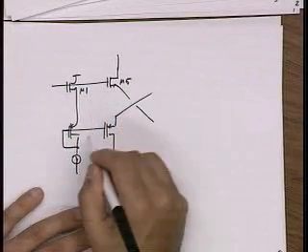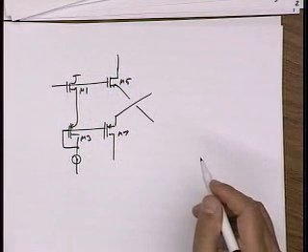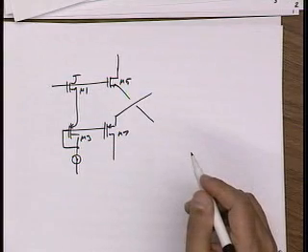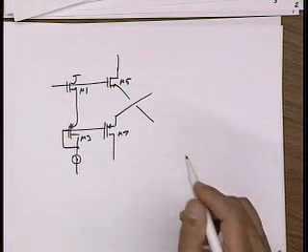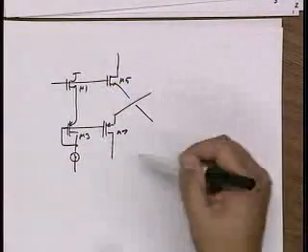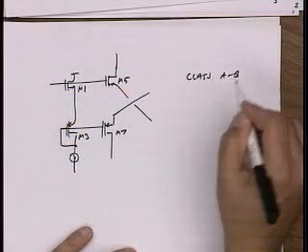Let's call this M1, M5, M3, M7. The nice thing about this circuit is that it's a GM stage that's class AB. This is the most important point: it's a class AB GM stage.